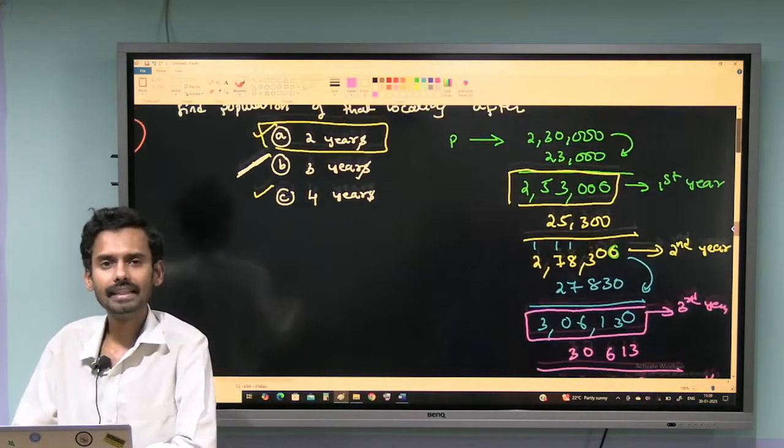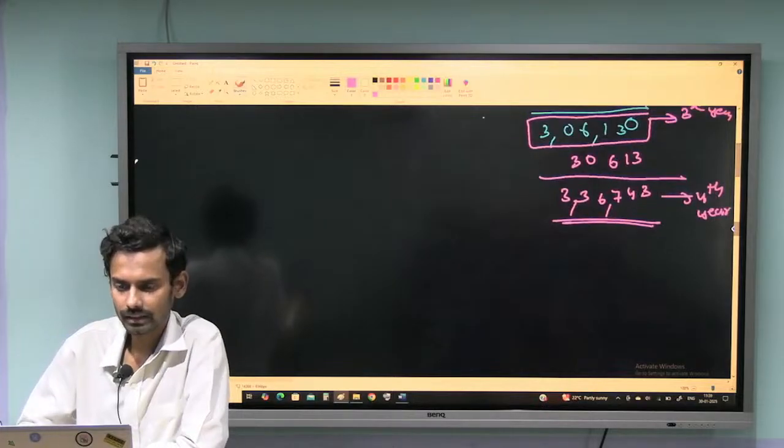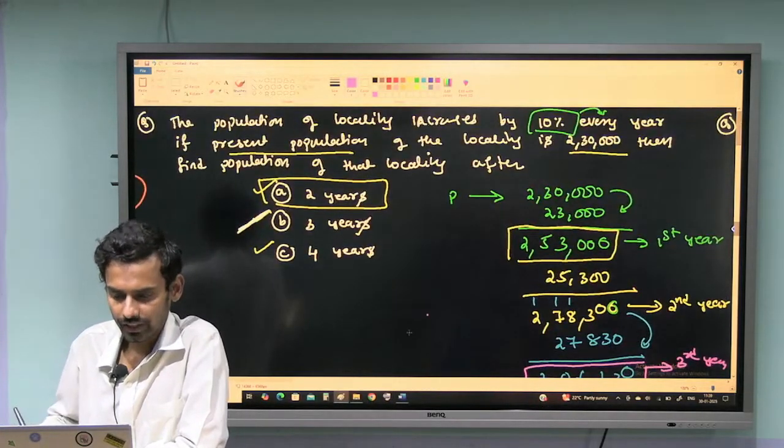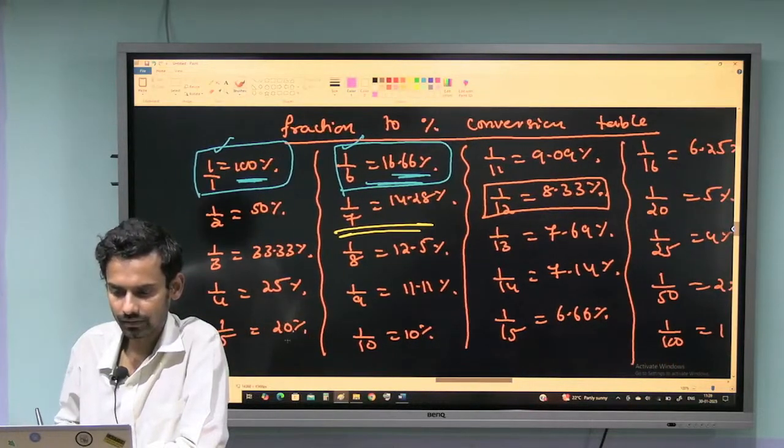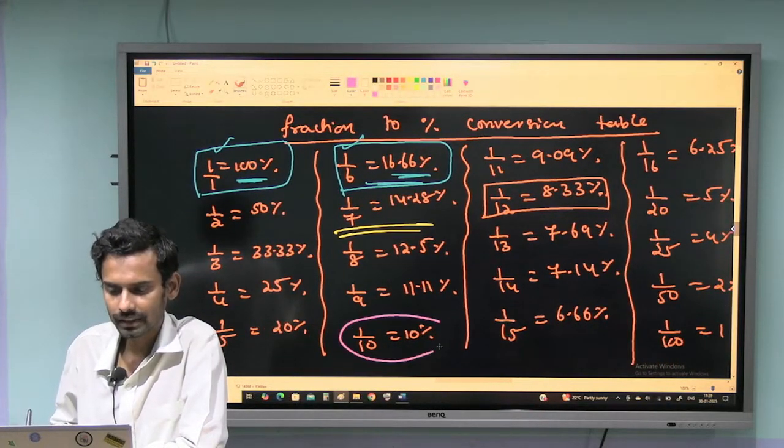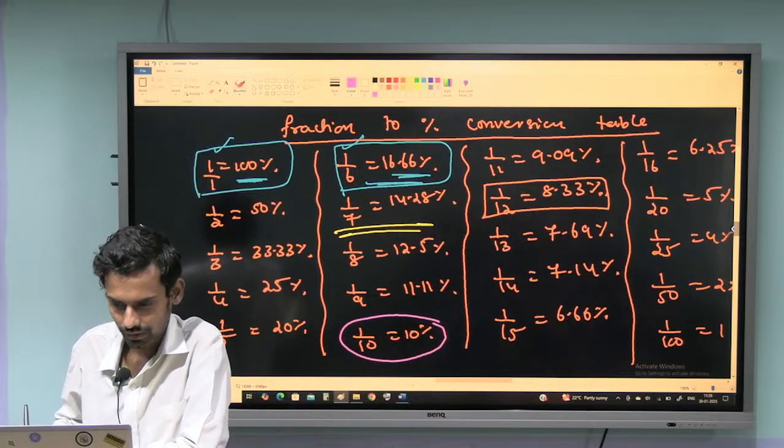But this will be a bit difficult. Instead, what we can do is, we know the value of 10% from the table. From the table, the value of 10% is 1 by 10.